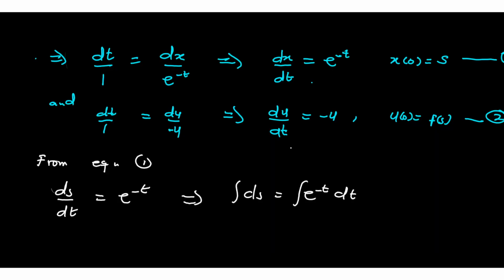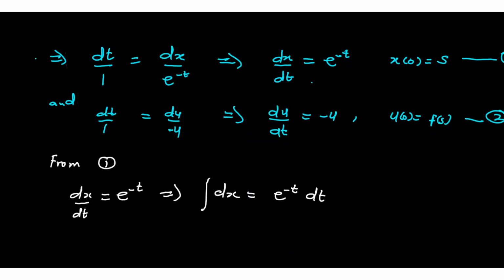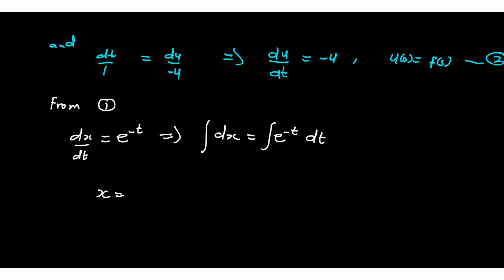So we can use the method of separation to solve this particular ODE, which will imply that dx is equal to e negative t dt. Now we integrate this side, we integrate that side. Then we'll have x equal to negative e negative t plus a constant. Wherever you add a constant, it's okay.